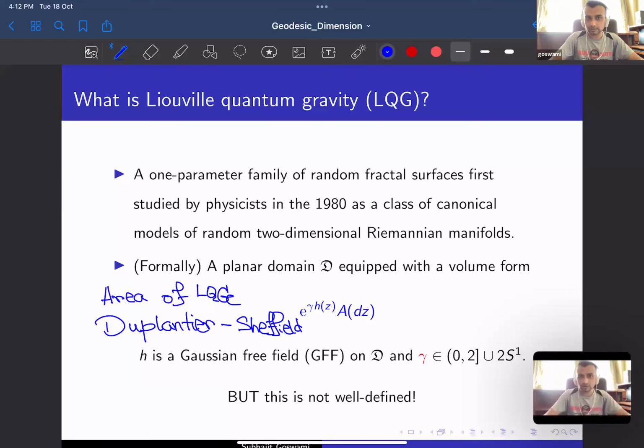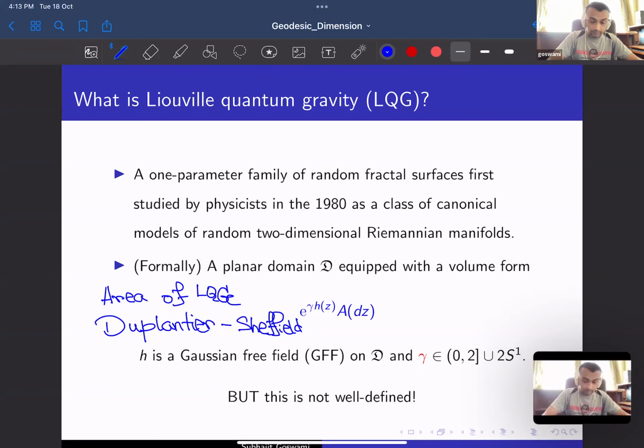It's essentially a theory of, instead of additive noises that we are mostly familiar with, like Brownian motion, a multiplicative theory of Gaussian noise. So you take the exponential of a Gaussian and multiply it at different scales. So that was done by Duplantier and Sheffield.